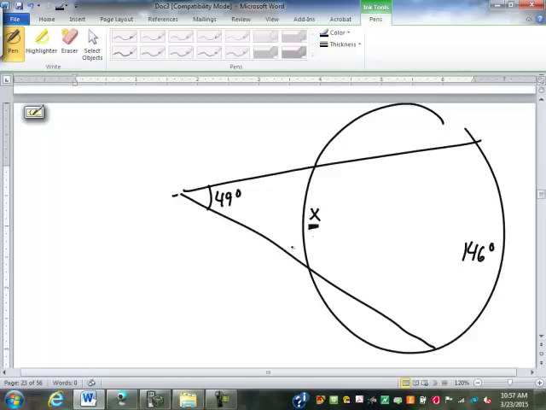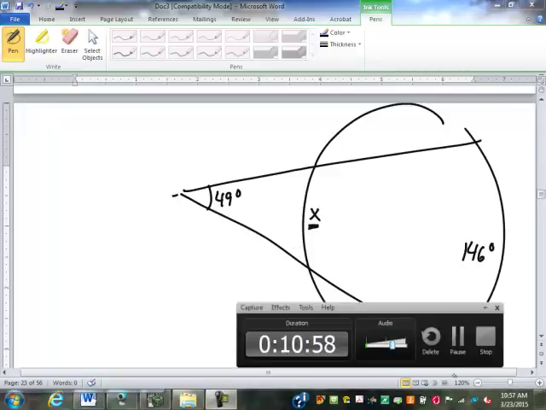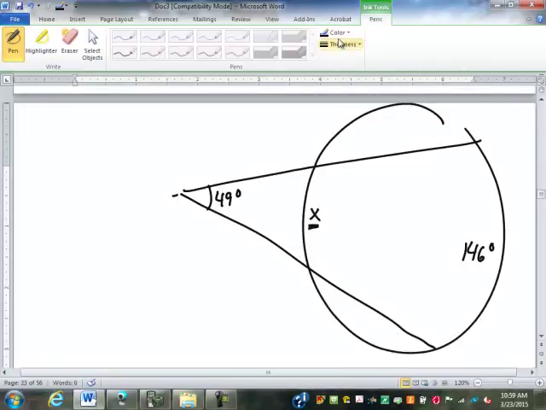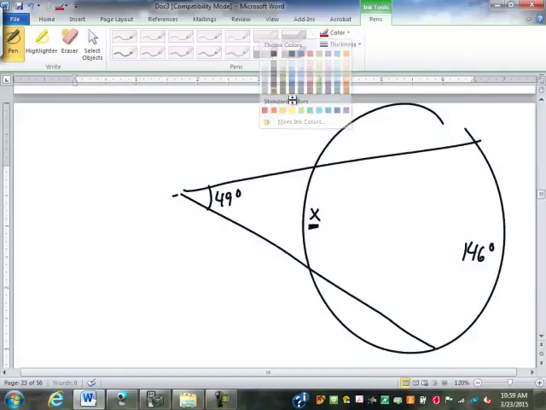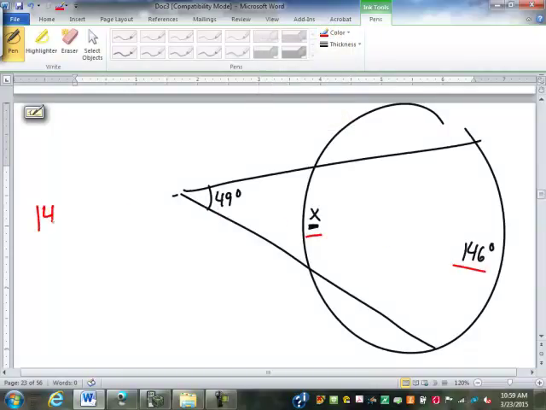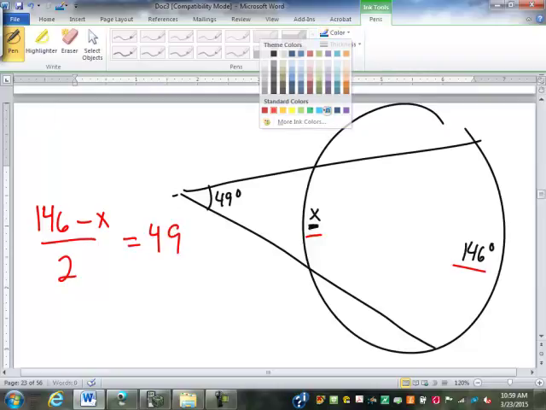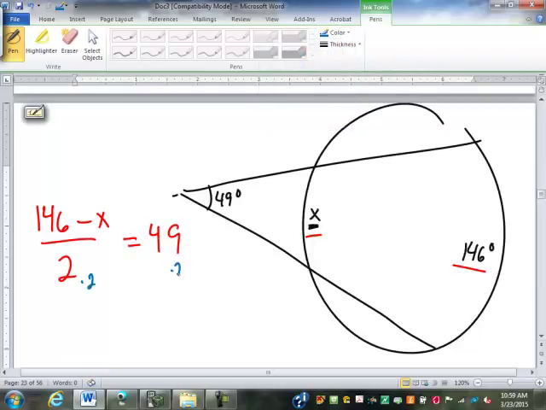Find the arc X here. So we've got this one minus this one divided by 2, right? 146 minus X divided by 2 has to equal 49. First step is going to multiply by 2. So 146 minus X equals 98.